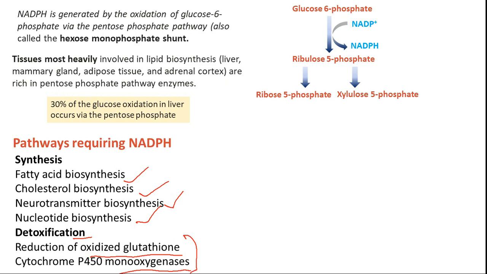Two enzymes isomerize ribulose 5-phosphate into ribose and xylulose, and these two react with each other to give glyceraldehyde phosphate, a 3-carbon sugar, and sedoheptulose 7-phosphate, a 7-carbon sugar.